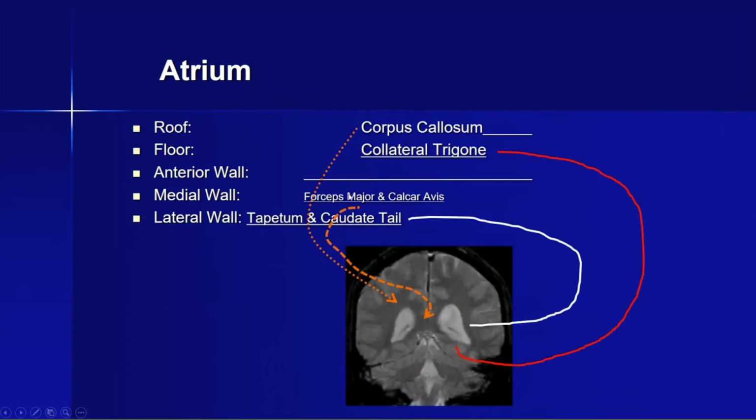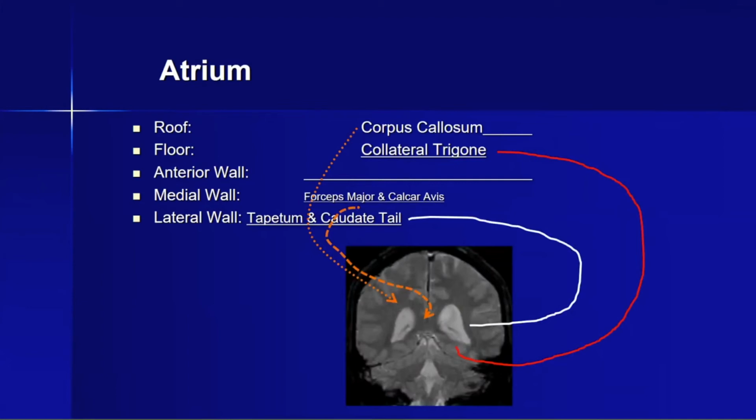The corpus callosum makes the roof, so that's still riding on top of the atrium. The floor would be made up by the collateral trigone. So the collateral trigone is, as the name suggests, tri. It's at the confluence of the body, the occipital, and the temporal horn.